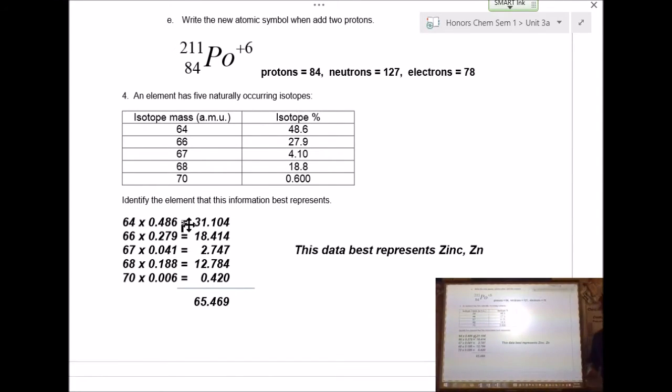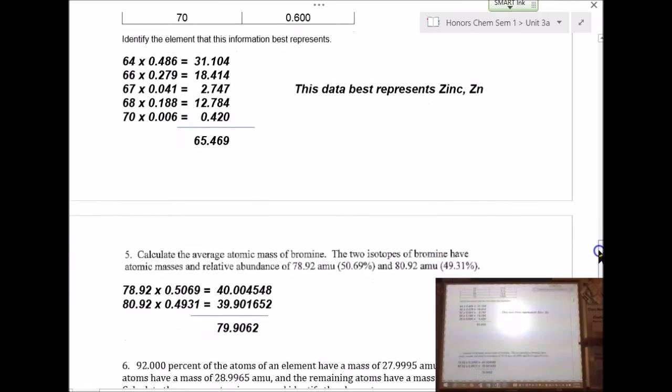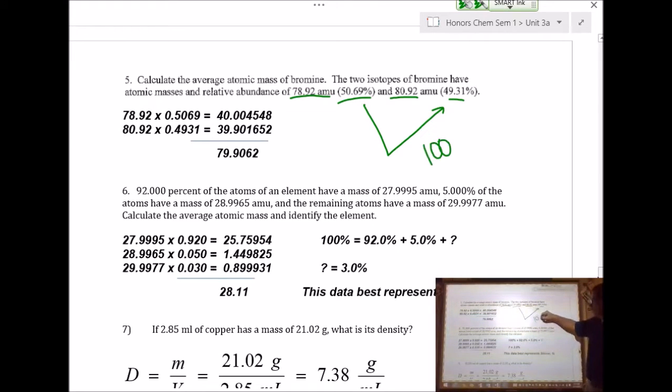And then 5 and 6 were very similar to 4, except it was in word form, which you guys just love. So number 5, again, we only had 2 isotopes. So you had your mass and then your percent. And what are these percents always supposed to add up to? 100. Yeah, so you have a 100% sample.